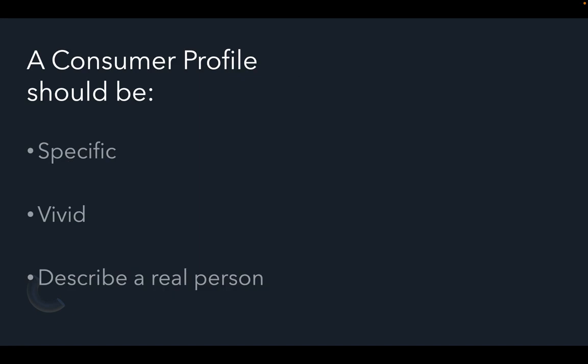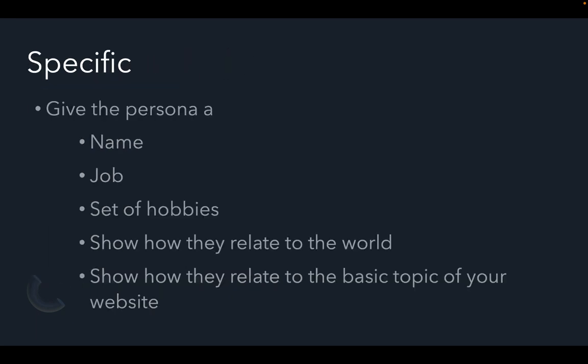So a few things: a consumer profile should be specific, vivid, and describe what seems to be a real person. So, specific. You're going to have to give this persona a name, a job, a set of hobbies. You're going to have to show us in one paragraph how they relate to the world and how they relate to the basic topic of your website. So let's take my basic audience I mentioned, senior citizens 55 to 75, who need to eat healthier.